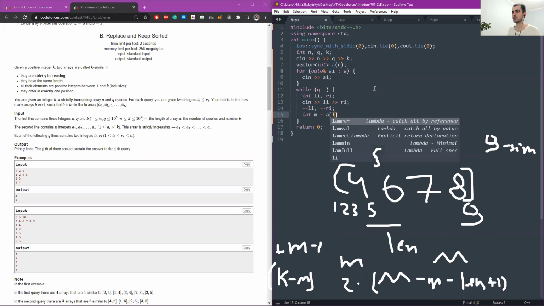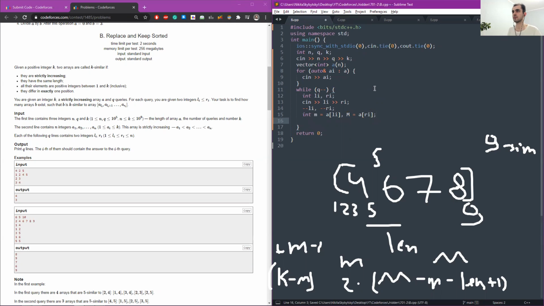Smaller can get a li, bigger can get a re. And if I just give right minus left, then it's maybe exactly the length that I want.